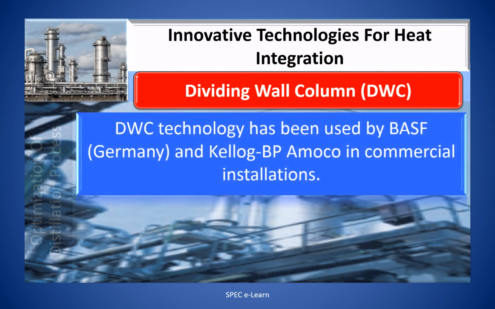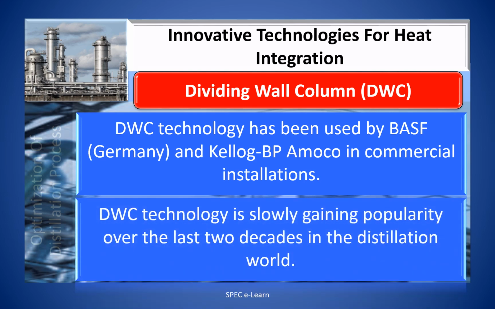DWC technology has been used by BASF Germany and Kellogg BP Amoco in commercial installations. DWC technology has been slowly gaining popularity over the last 2 decades in the distillation world.